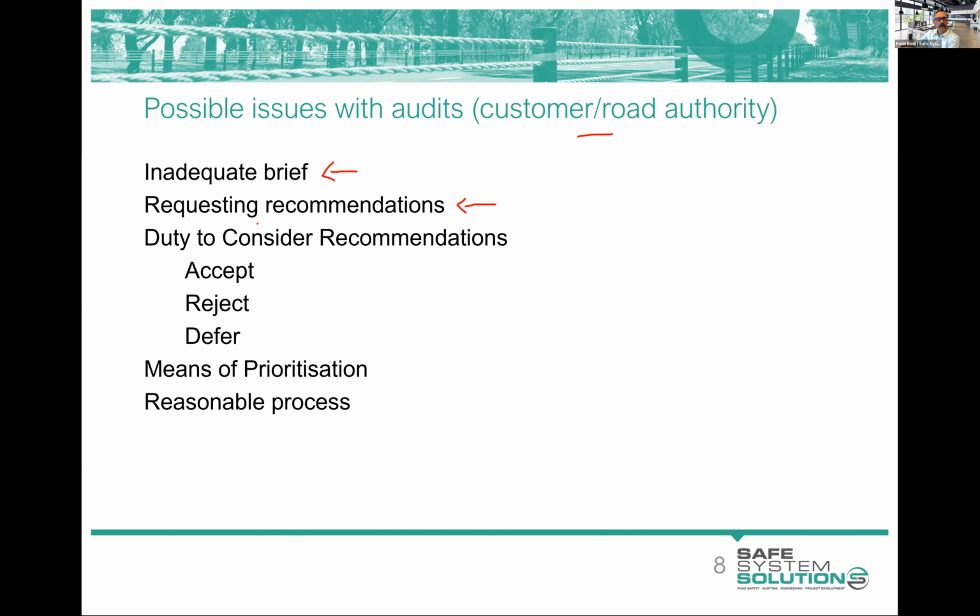There's a duty to do something with the report that you've received. You don't need to actually agree with the recommendations of the audit team, because you may not have the funds or the like, but you need to either accept, reject, or defer, and just justify that in that comment section. And if you do accept it and you're going to do something, that change actually has to happen.